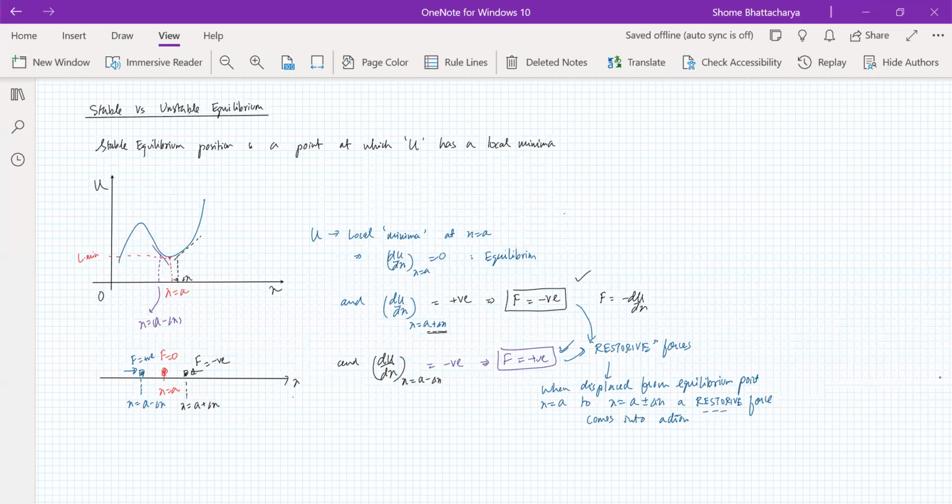What we mean by restorative force? Force pointing towards the mean position, so towards the equilibrium position.